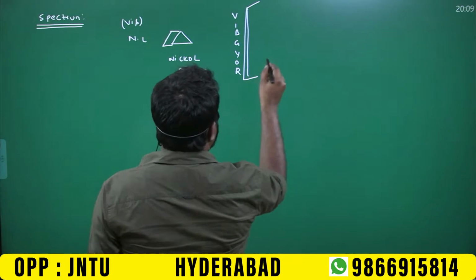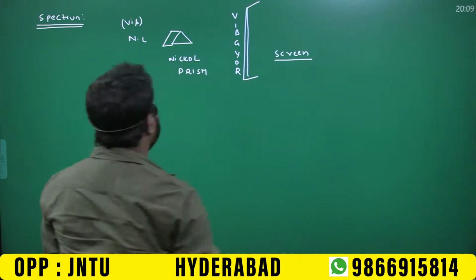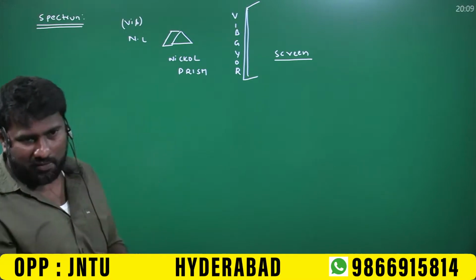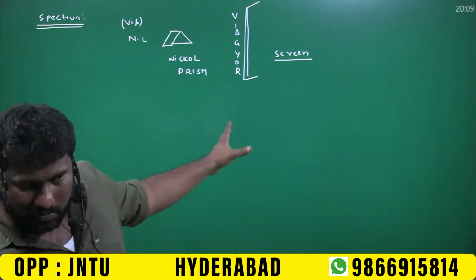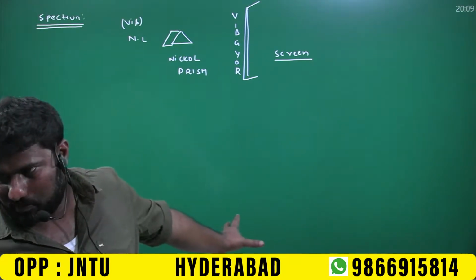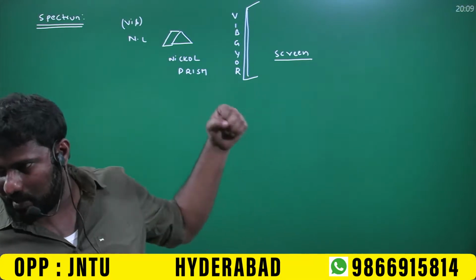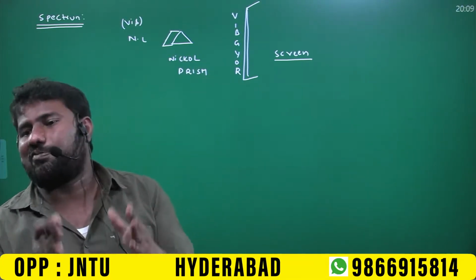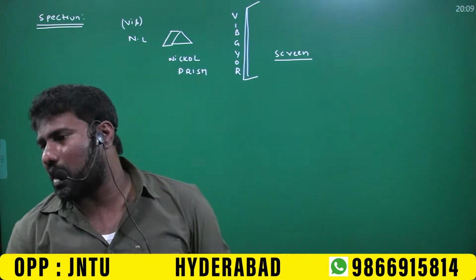a screen. This screen is called spectrum. దాన్ని స్పెక్ట్రమ్ అనాలి. The collection of different wavelengths, because the wavelength of violet is not identical with any of the different radiations. In the same way, the red wavelength should not be identical with the remaining radiations. If you collect the different wavelengths on a photo screen, that is called spectrum.